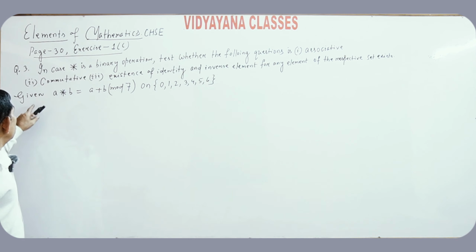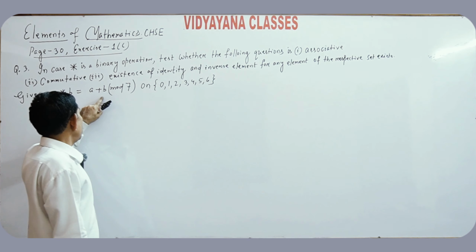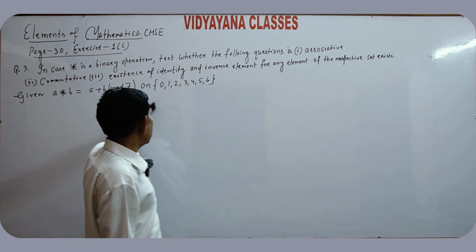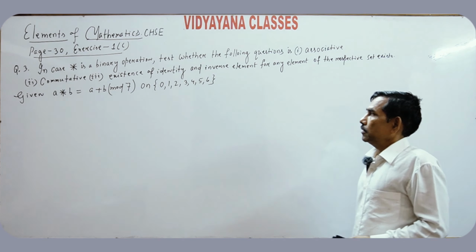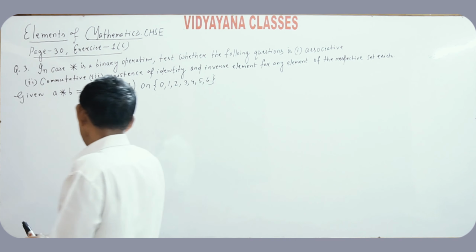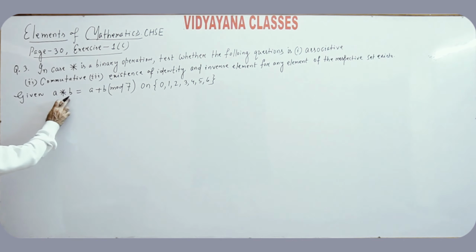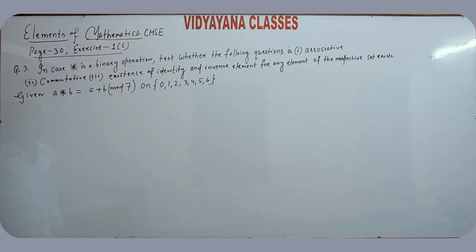Next, given A star B is equal to A plus B mod 7 on the set of 0, 1, 2, 3, 4, 5, 6. Solution.